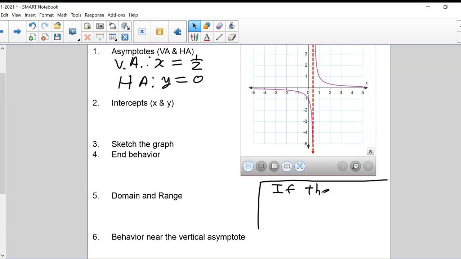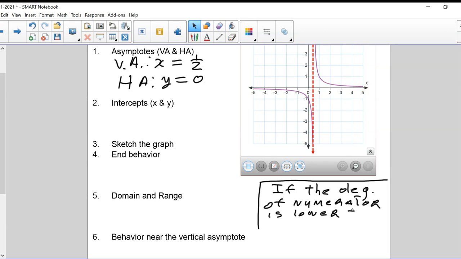If the degree (DG for degree) of the numerator is lower than the denominator, which is the case here, then the HA is the y equals 0 line.